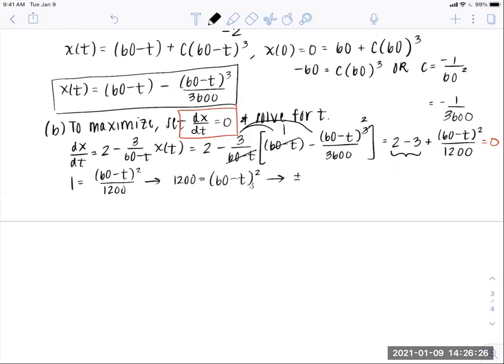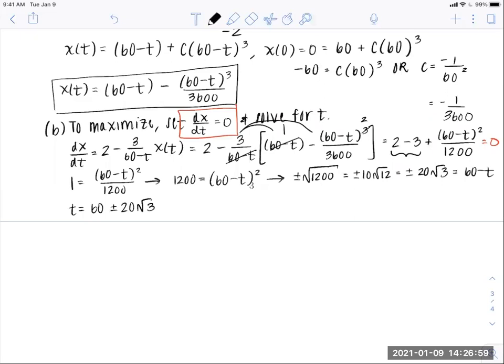So I have plus or minus the square root of 1200, which, what would that be? If I take out 100, that'd be plus or minus 10 square root 12, which is plus or minus, I could pull out a 4, so 20 square root 3 equals 60 minus t. So t equals 60 plus or minus 20 square root of 3.